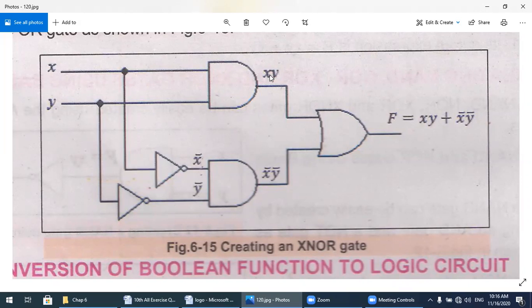When both xy and x complement y complement pass through the OR gate, they make xy plus x complement y complement. So this is the simple equation for the exclusive NOR gate, and this is the logic circuit for the exclusive NOR gate.